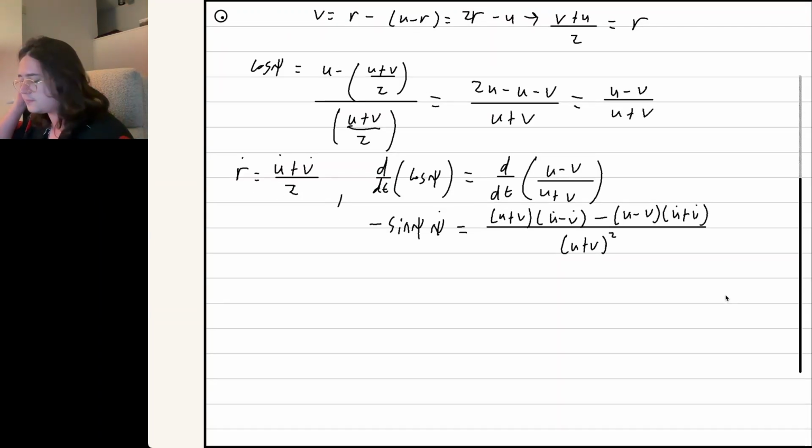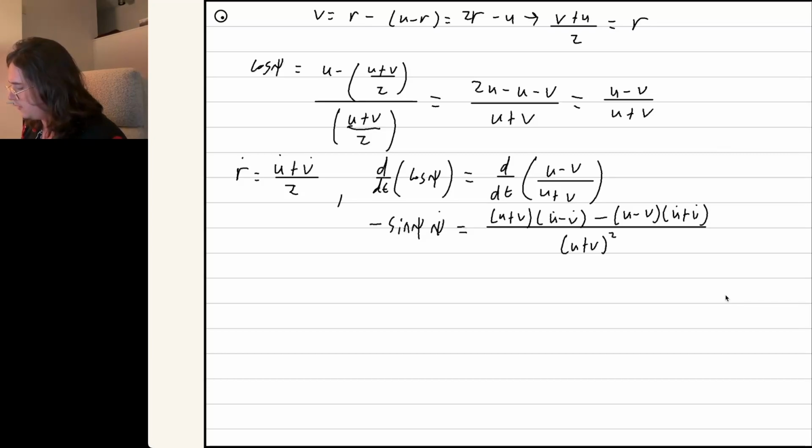So let's go ahead and try and simplify the right-hand side before we do anything else.